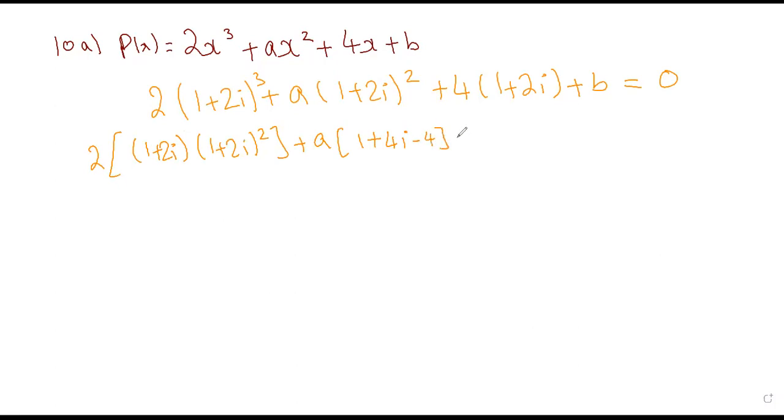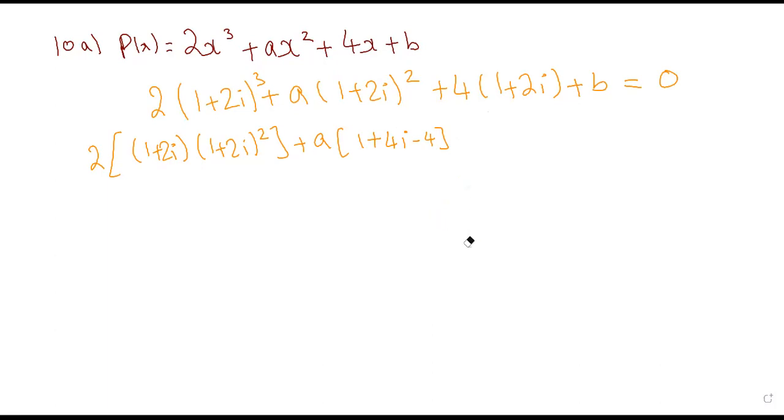Shouldn't it be 4 iota square? Which one? This one? Yeah, 1 plus 4 iota square. So what is iota square? Iota square is minus 1, right? Minus 1, yeah. No, iota square is negative 1. Oh, okay, yes, I got it.